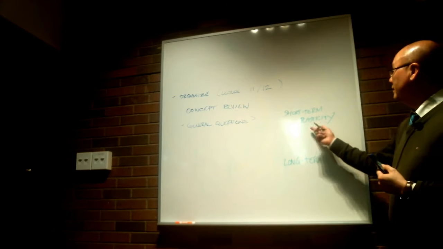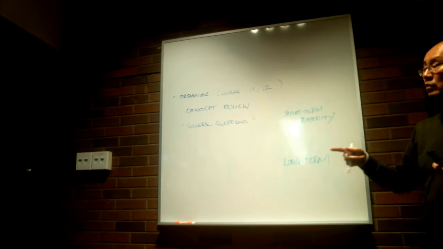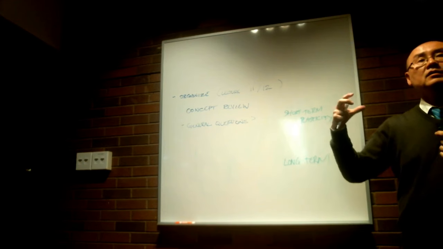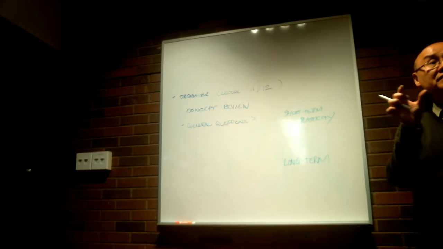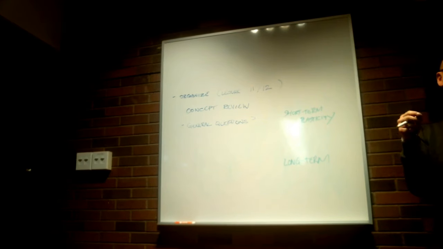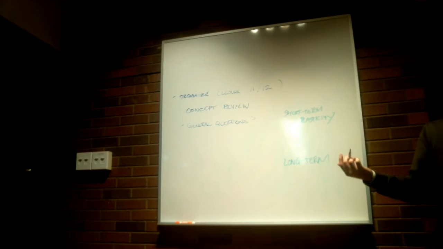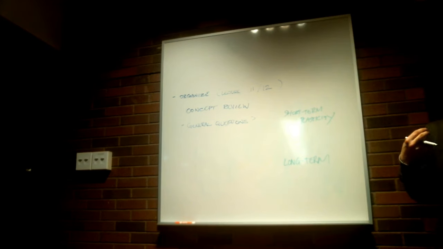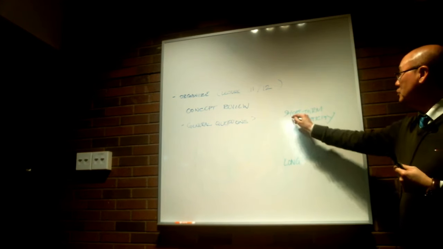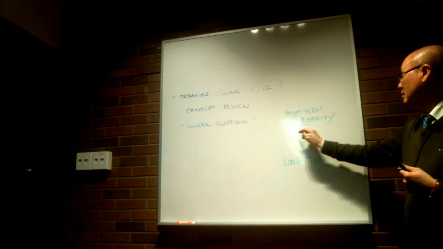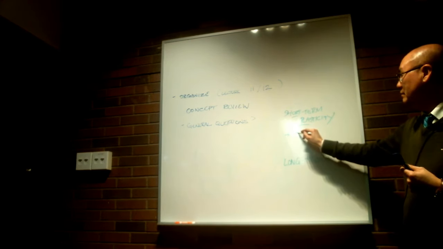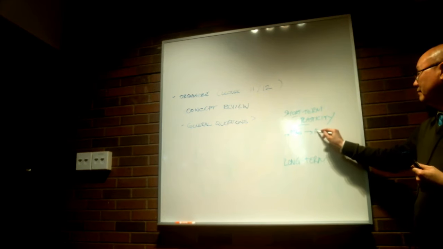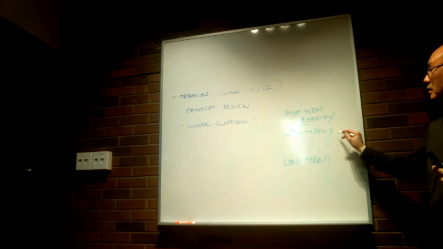In short-term plasticity, when we drive the synapse, we get very, very brief changes in responsiveness in the postsynaptic cell. We're still measuring postsynaptically, but those changes are very short, on the order of milliseconds or hundreds of milliseconds to a few seconds. So that's why it's short term.